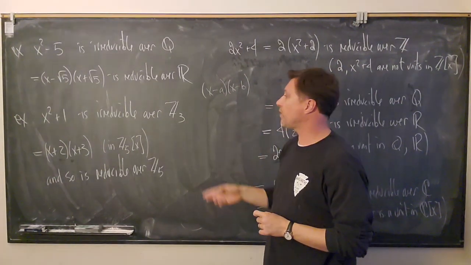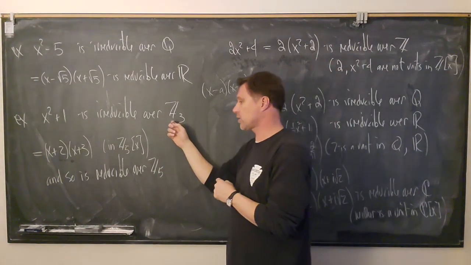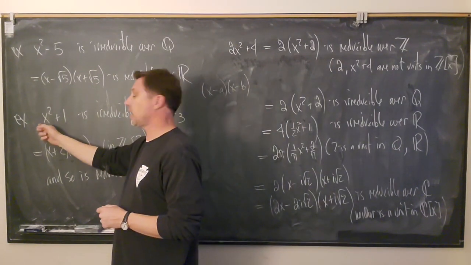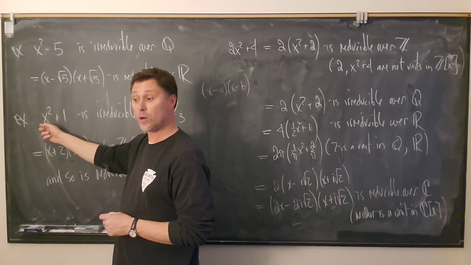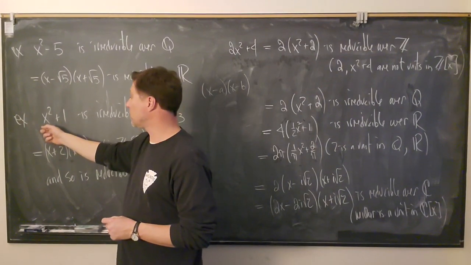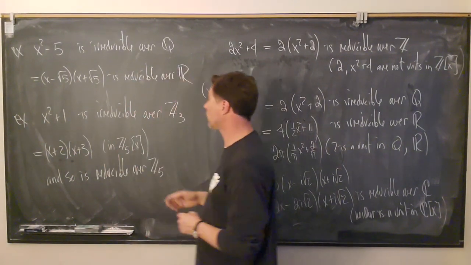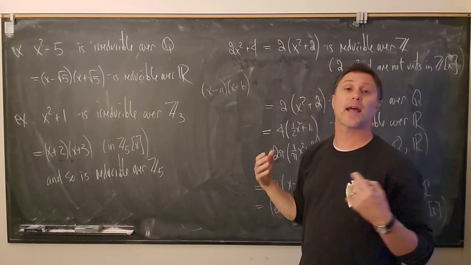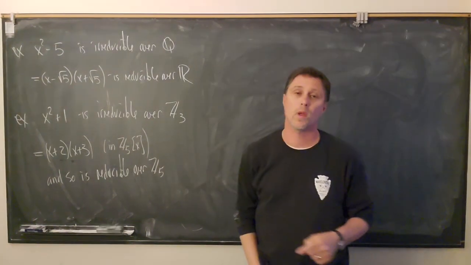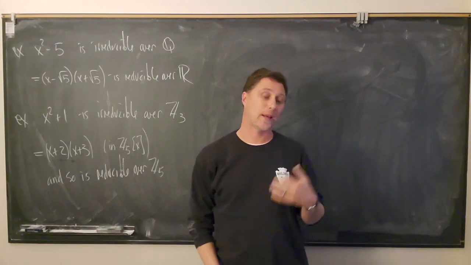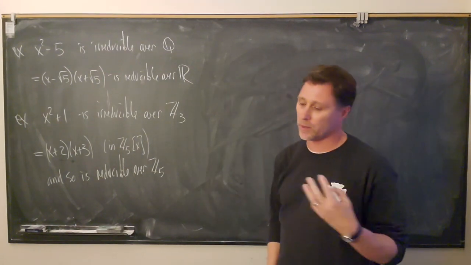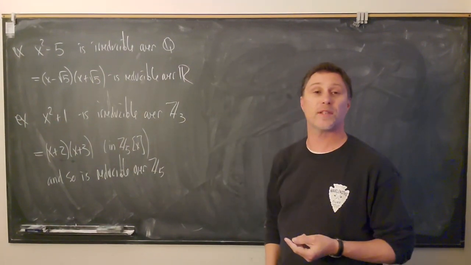So if I take the elements from Z3, if I plug a 0 in, I don't get 0. If I plug a 1 in, I don't get 0. If I plug 2 in, I don't get 0. And so there's an argument for why this polynomial is irreducible over Z3: it has no zeros in Z3. The definition of irreducibility and reducibility is a little bit clunky. It doesn't really roll off the tongue that nicely.